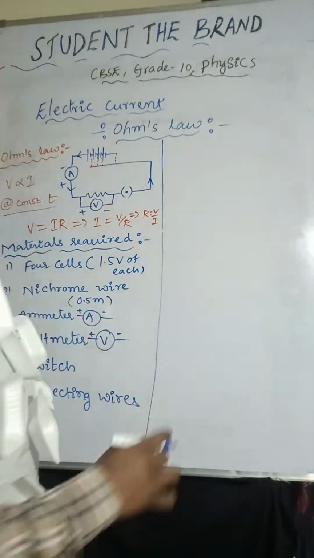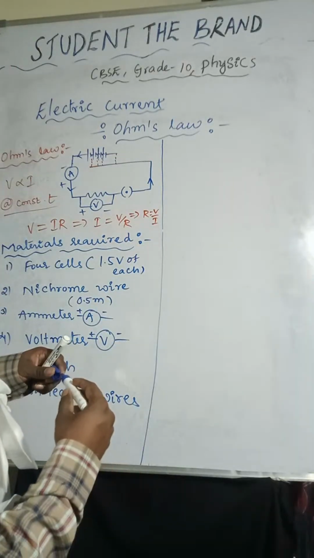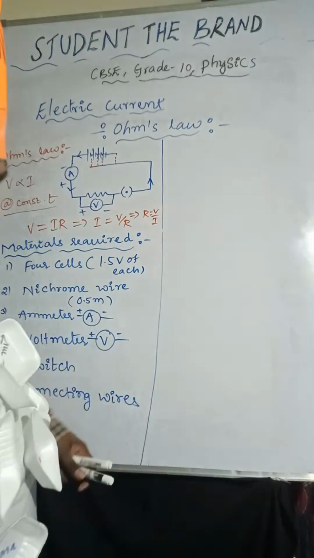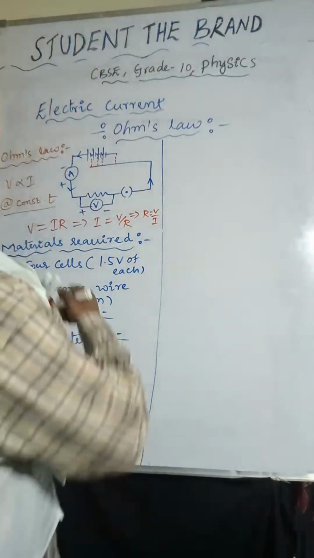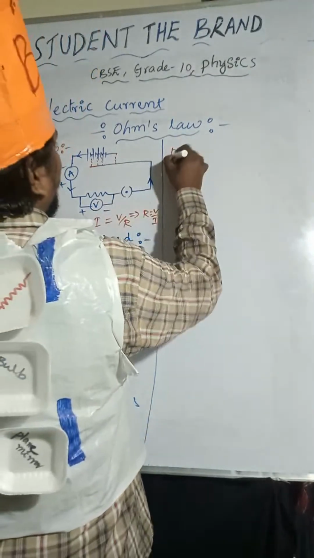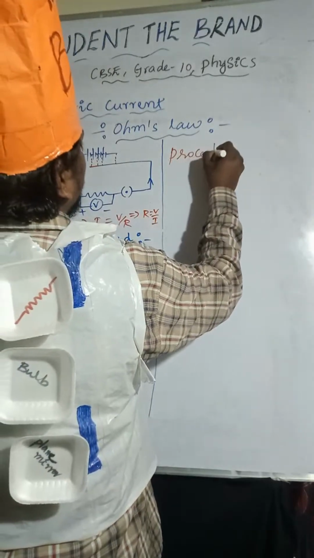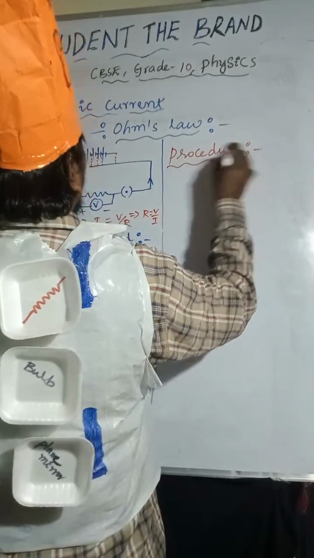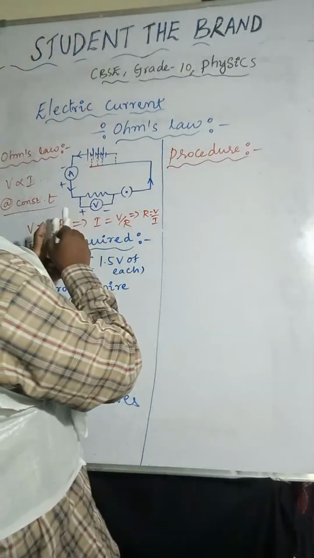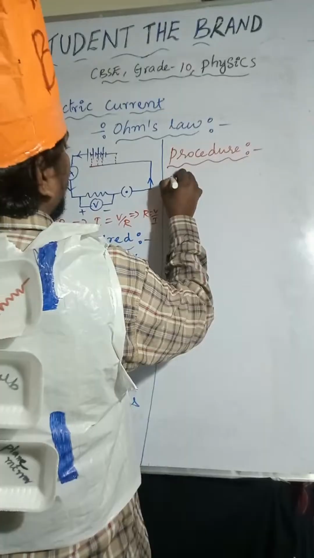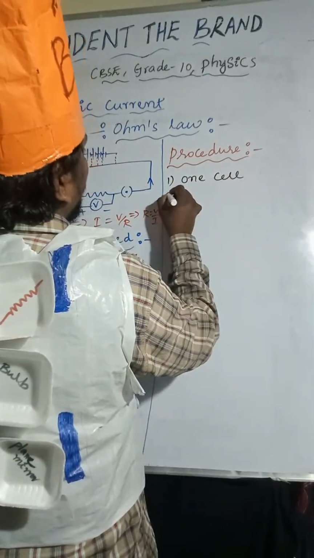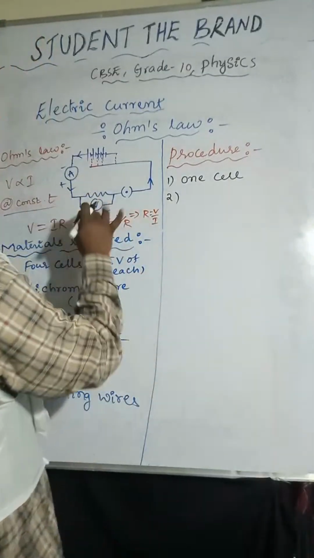And the next one, the procedure to do Ohm's law. First, you have to connect one cell and note down the readings of the ammeter and voltmeter.